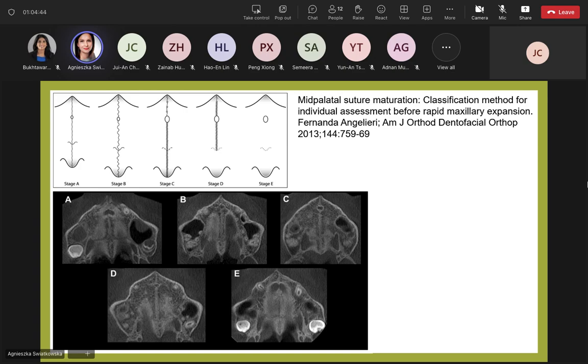Rather, we can expect that we push the buccal teeth outside the alveolar bone, or we make buccal proclination, tipping of the buccal region. So it will not be a good result of our treatment.